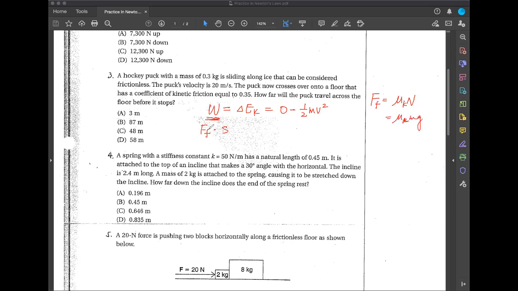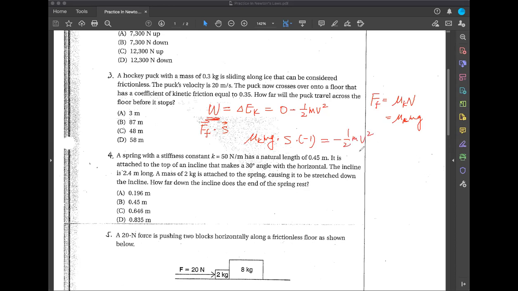Because the frictional force is opposed to the direction of motion, there is a 180 degree angle in between, right? So the work will be mu k mg times the distance times cosine 180, which is -1, right? And that should equal -half mv squared.